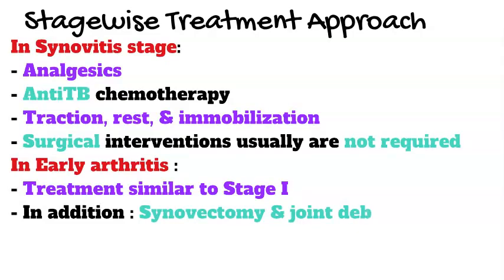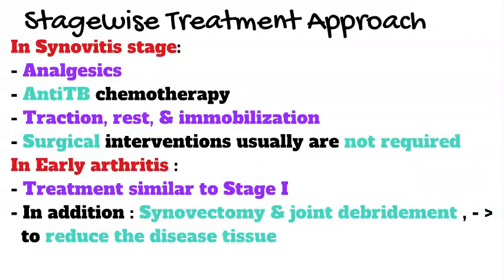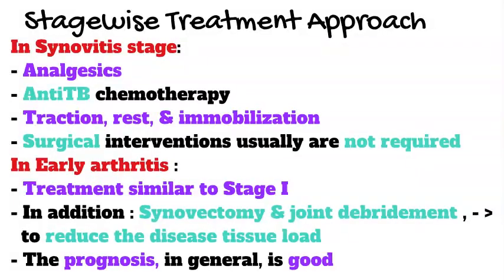In early arthritis, treatment is similar to stage 1. In addition, synovectomy and joint debridement are done to reduce the diseased tissue load. The prognosis in general is good.